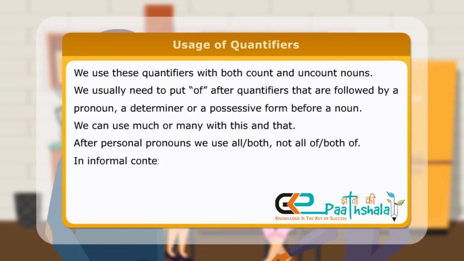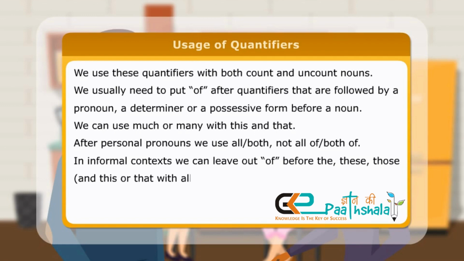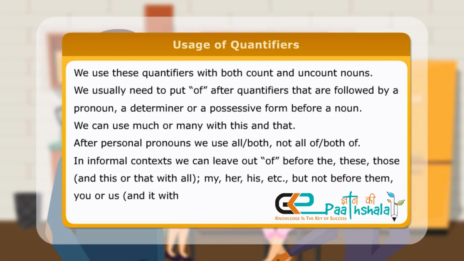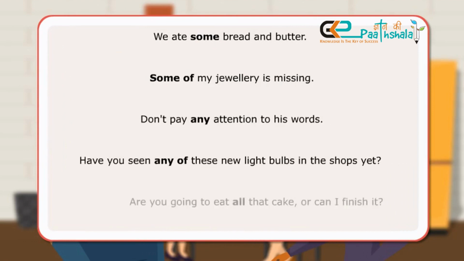In informal context, we can leave out of before the, these, those, and this or that with all, my, her, his, etc., but not before them, you, or us, and it with all. Let us look at a few examples.